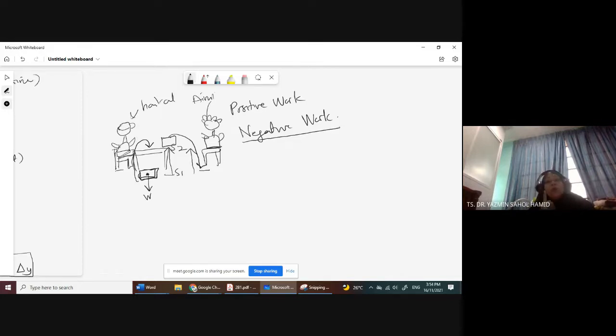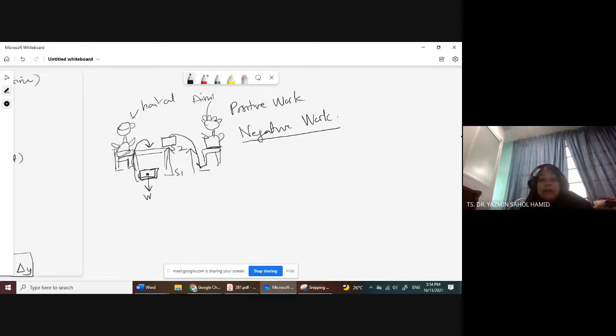You can only do it after you draw the free body diagram and look at the direction of the work of the force. If it's in the same direction as the displacement, then you can do the equation. But if it's not in the same direction, then it doesn't apply.